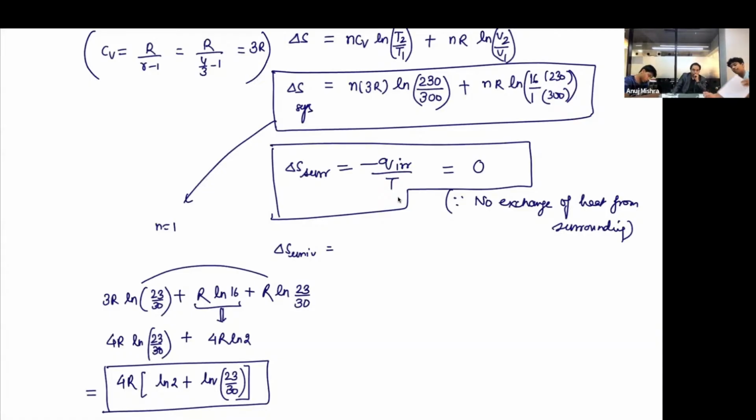Any problem with this? Delta S universe is clear. Delta S system is clear. Delta S surrounding is also clear.